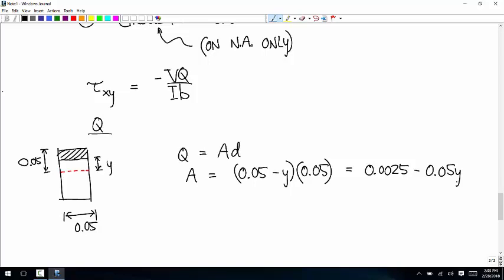And then the distance from the centroid of this to here, you can think of as the average of y and the top, so that's y plus 0.05 divided by 2, or 0.5 y plus 0.025.